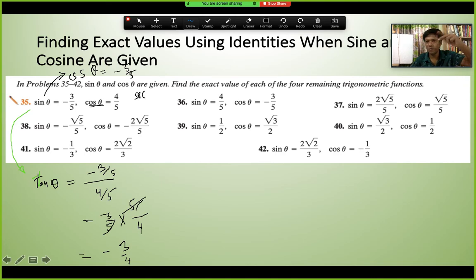Reciprocal means you just have to flip the numbers: 5 will go up, 4 will come down. So sec theta will be 5 divided by 4. Then tan theta is minus 3 by 4, so cot theta will become minus 4 by 3.